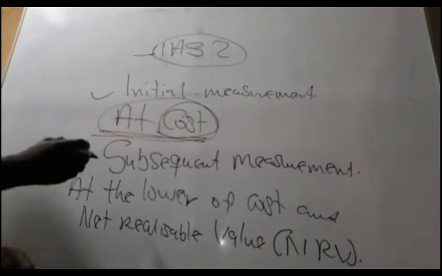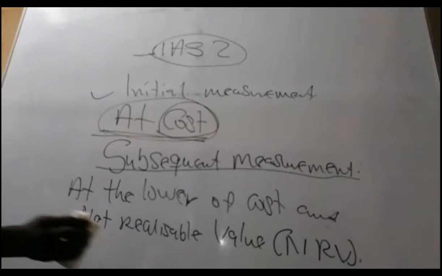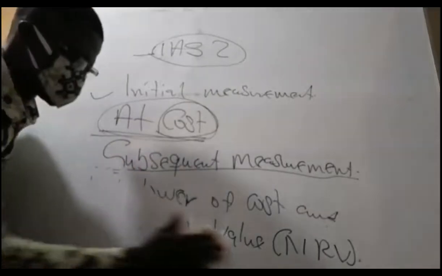I hope we can select the least or the lower among these two. Yes, you are going to use figures or numbers and select the least one. Now, let me do a short presentation here.